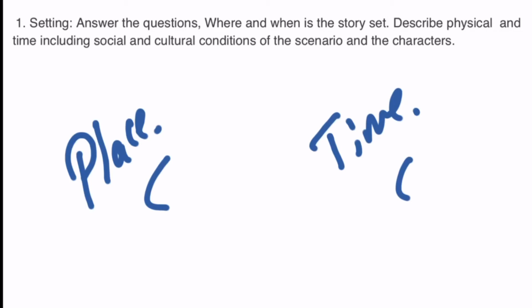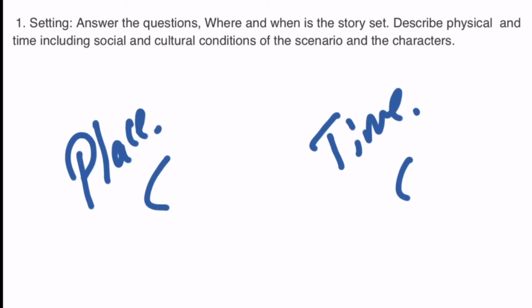So for this explanation of the setting, according to these questions, where and when the story is set, I picked three examples to show you how a setting could be so important for the characters, to show all the things that they are going to live, and to form that fabulous story that you are reading in your book, in your novel, in your short story, in your poem, or whatever. In this case, particularly in your short story.